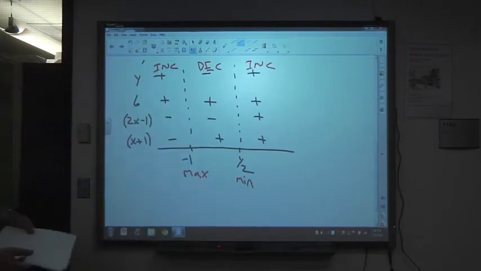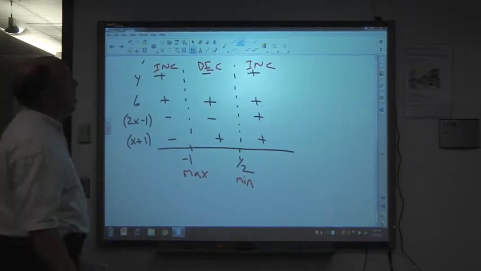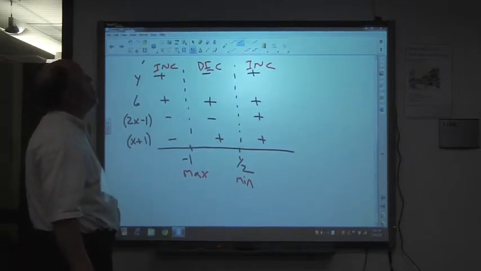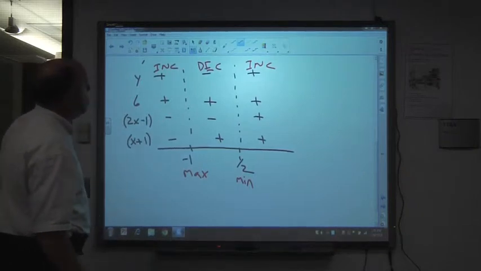Okay? So that's everything in regards to my first derivative test. Again, the y points we can get by plugging in, and you can do that later. So now we want to go to our second derivative test. Right?